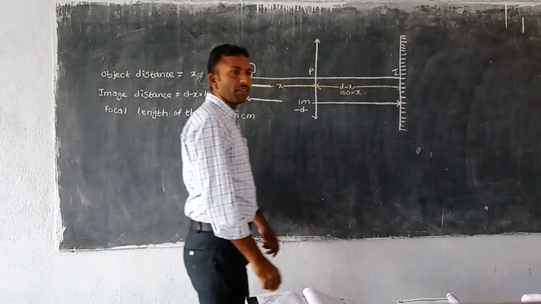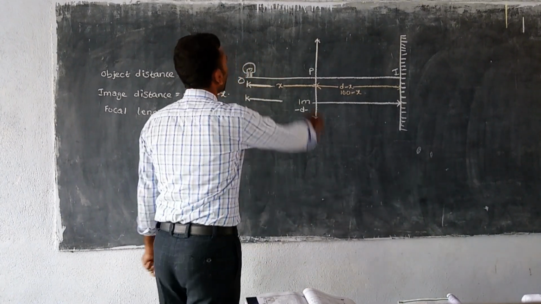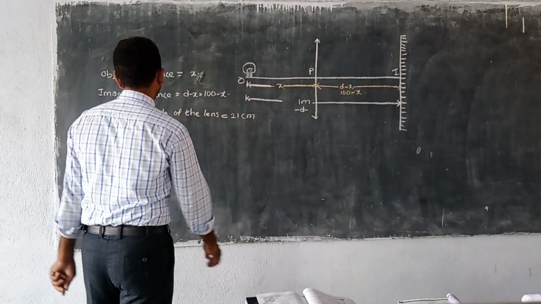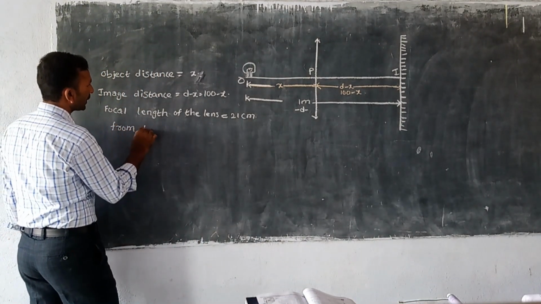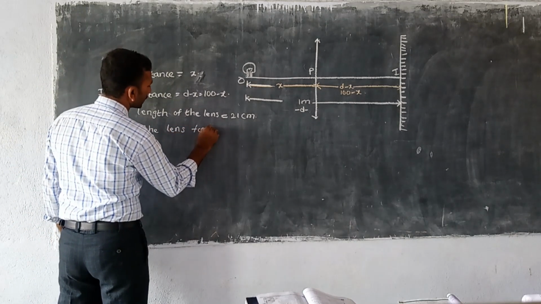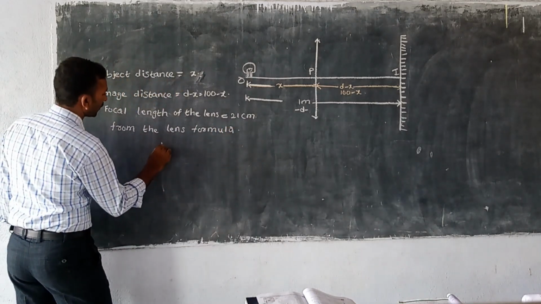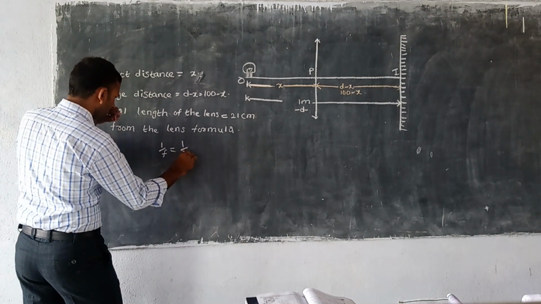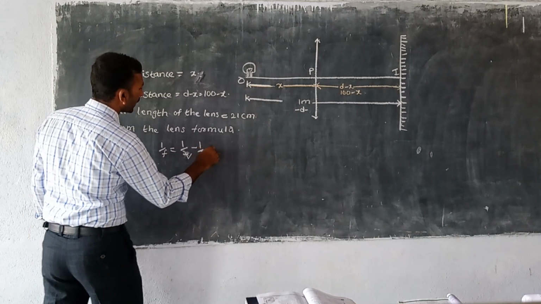These are the values given in the question, and we have to find where we should keep the lens to get the sharp image. From the lens formula, 1 by f equals 1 by v minus 1 by u.